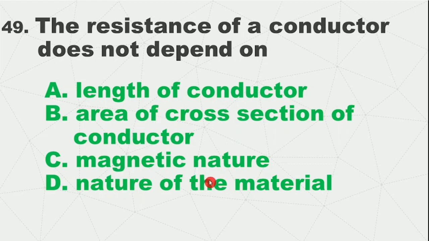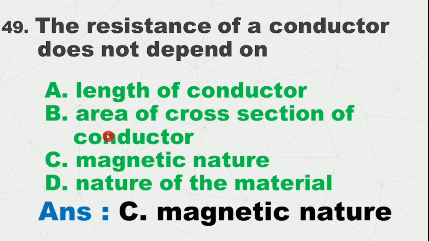So option C, magnetic nature. It does not depend on magnetic nature, but the remaining, length of the conductor, area of cross section, and nature of the material. All these points, resistance of a conductor depends on, except option C, magnetic nature. So the answer is magnetic nature.